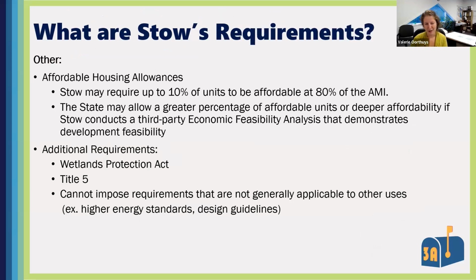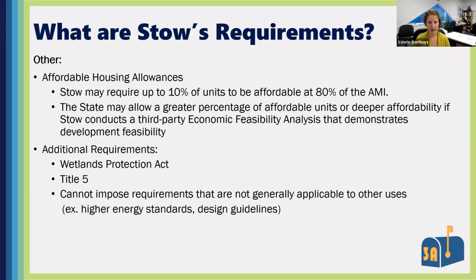So we also have a few other requirements. The law asks that we have 10% of units in our district be deed restricted affordable to those earning 80% of the area median income. And this is actually already aligned with our current zoning for subdivisions. But if residents are interested, we could offer a greater percentage of affordability or deeper affordability.